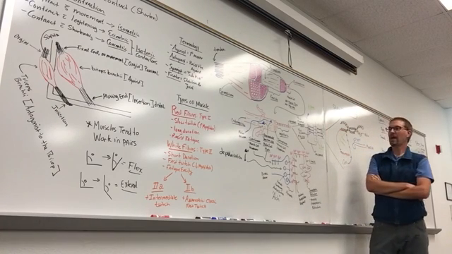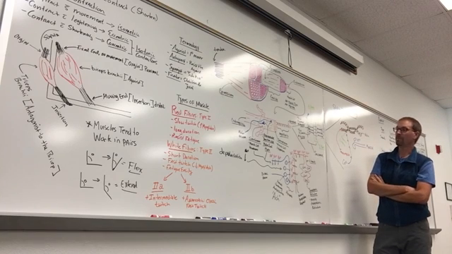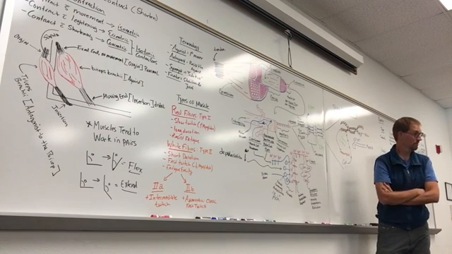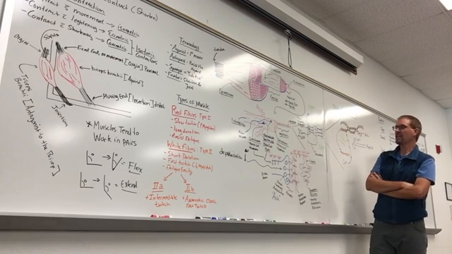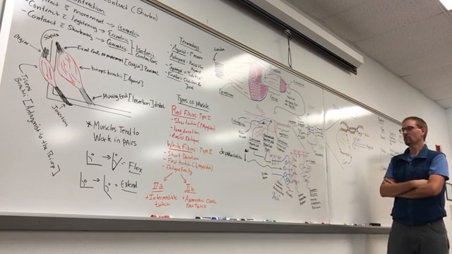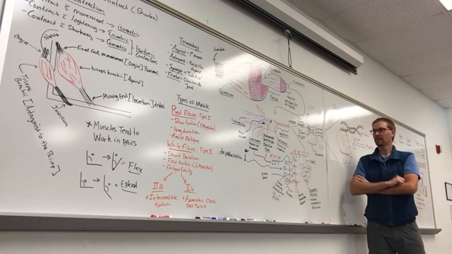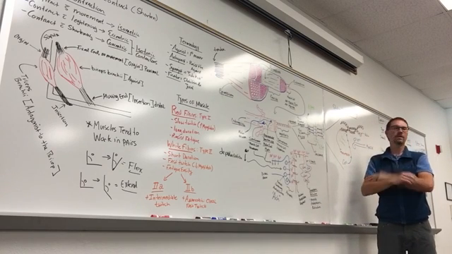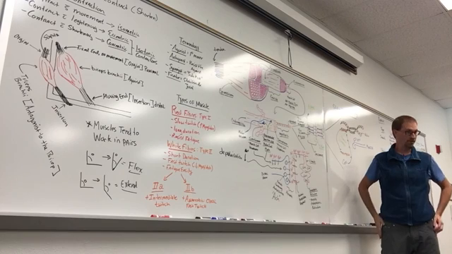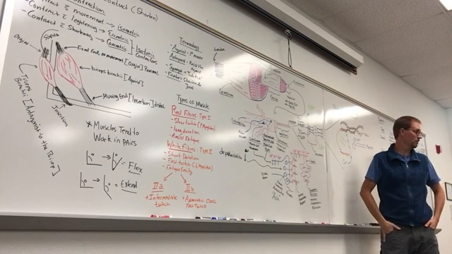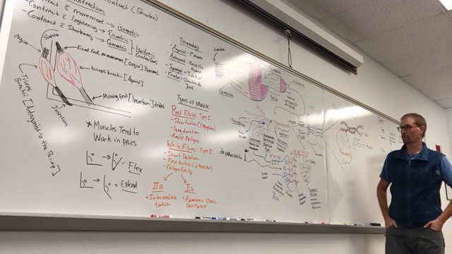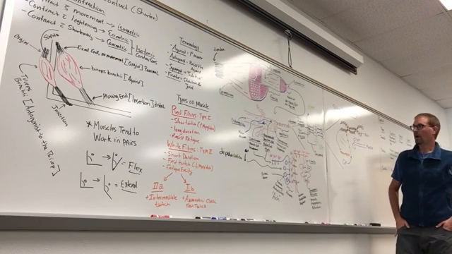Does the A band also include some thin filament? Yes. So the H zone is all thick filament, your I band is all thin filament, and your A band is a combination because it is the entire length of the thick filament. You guys okay with those structures?